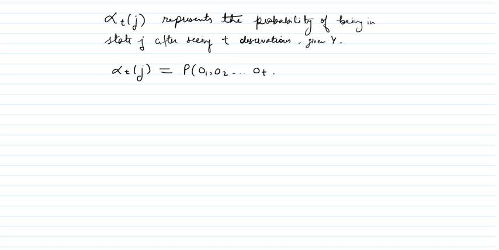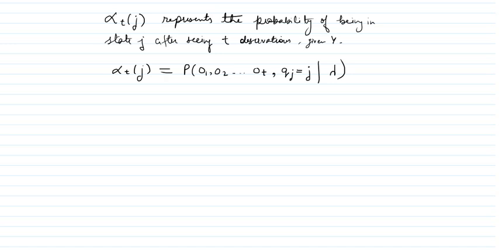And I am on state Qj, and the Qj state is actually represented by the J variable, given lambda, right? Now this has to be written with the help of alpha t minus 1.